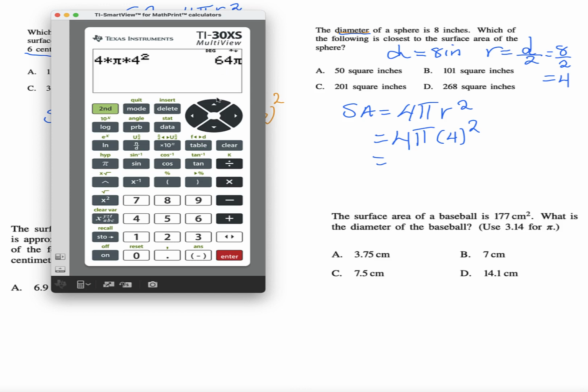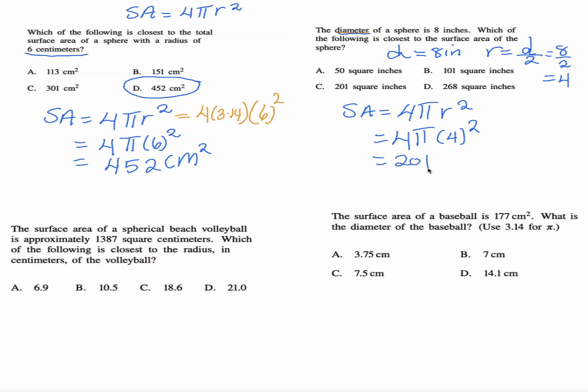If we use pi, your answer is going to become 64 pi. I don't see that here, which means it's time to press the toggle. When I press the toggle, I see my answer is 201.06. If I round to the nearest whole number, it's going to be 201. So my answer is C.